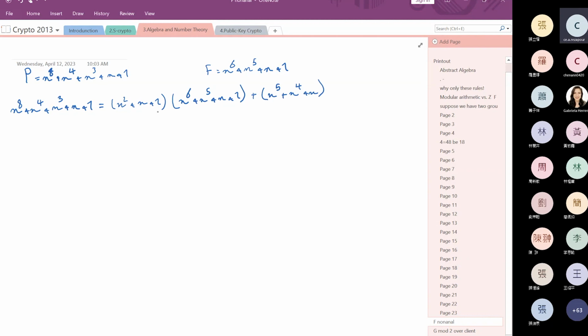So x^2 + x + 1 times this one, plus this one.